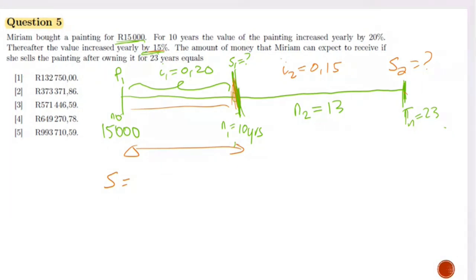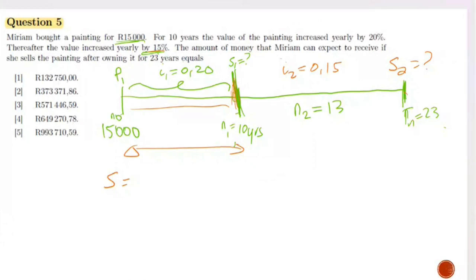A compound interest. Why? I think we have received interest twice, because compound interest is getting interest on interest. So I think it is compound interest.